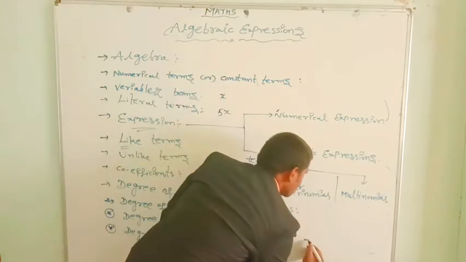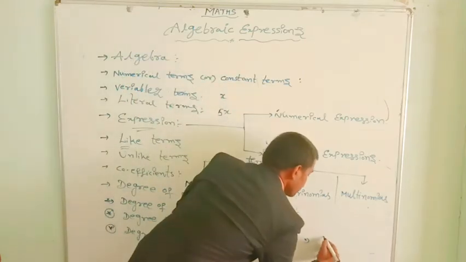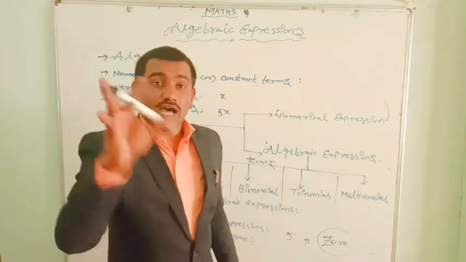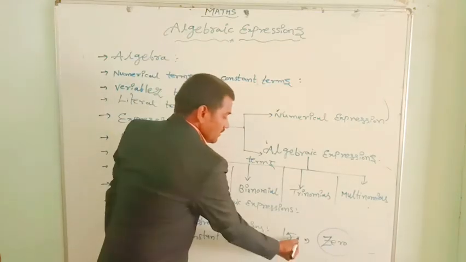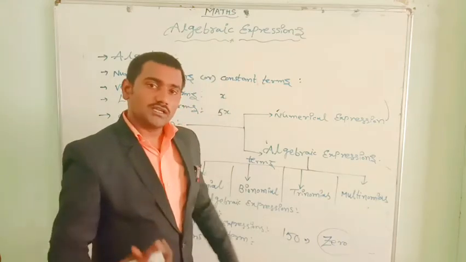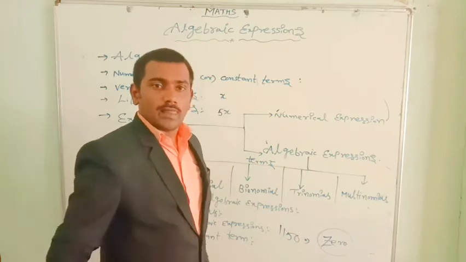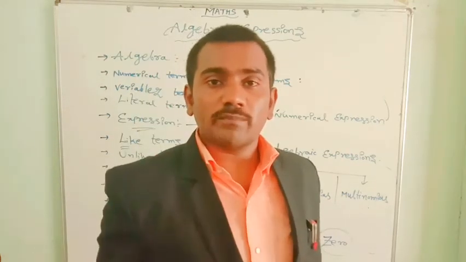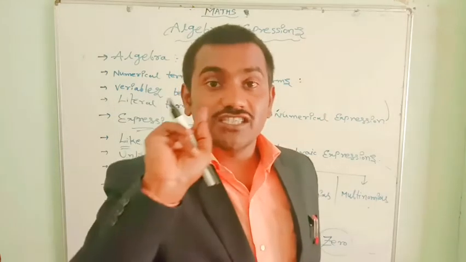The degree of a constant term is always 0. Remember, the degree of a constant term is always 0. What is the degree of 5? 0. What is the degree of 15? 0. What is the degree of the constant term 150? 0. What is the degree of 1150? It is 0. The degree of any constant term is always 0. Remember, children.